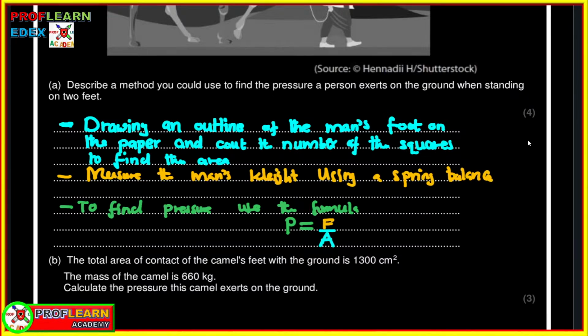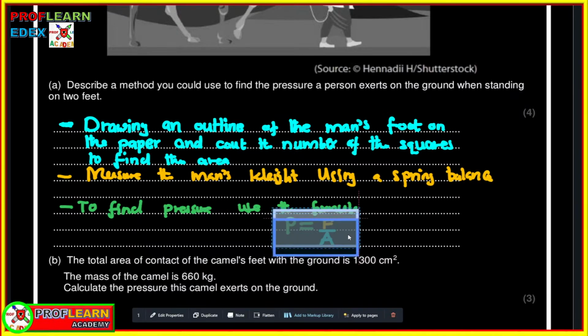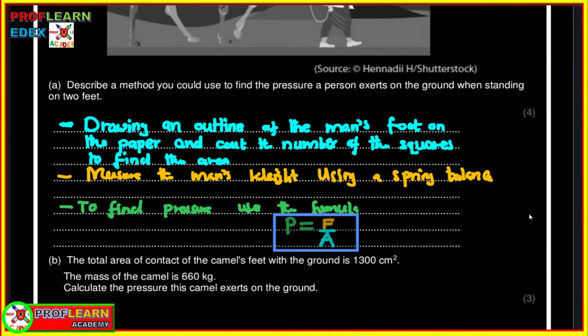And the area we are talking about is the area of the 2 feet. That's the formula we're going to use in order to work out the pressure of this man.